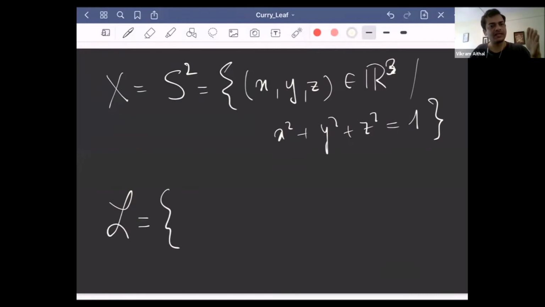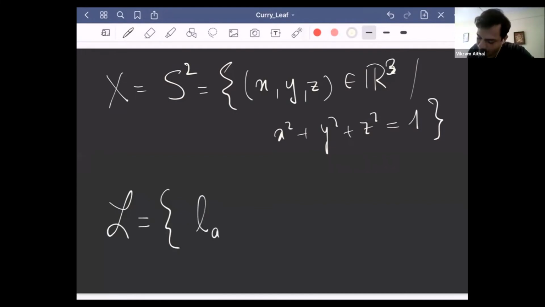What do I mean by great circles? That means I take any plane passing through the origin, and I look at the intersection of the plane with the sphere. I'll draw the picture, but let me just write it.